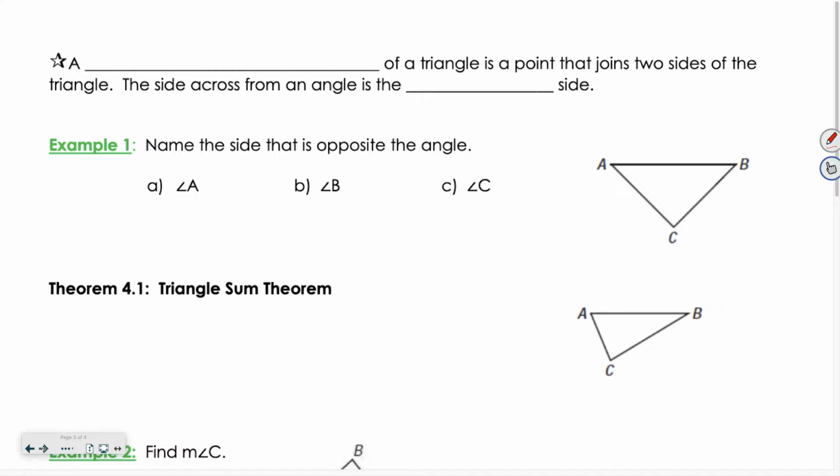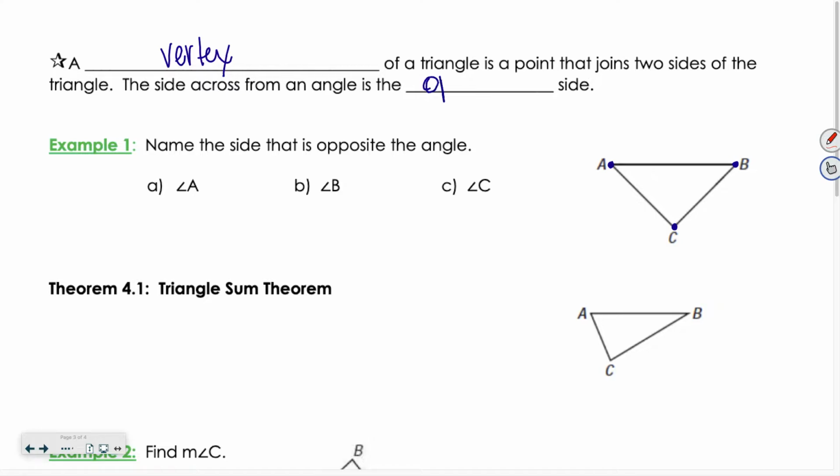A vertex of a triangle is a point that joins the two sides of the triangle. So like A, B, and C here, those are vertices. A is a vertex, B is a vertex, and C is a vertex. The side across from an angle is the opposite side.